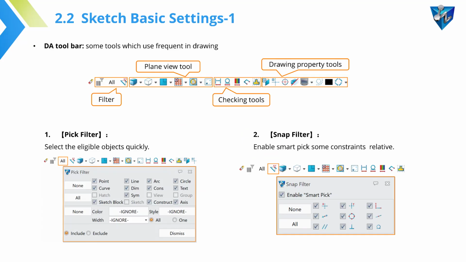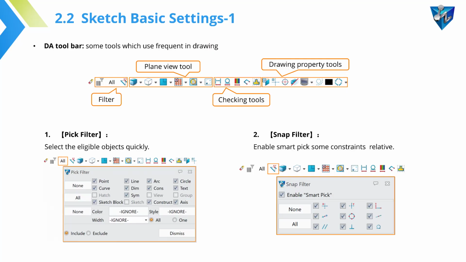Okay, let's move to the sketch basic setting. And first, I will introduce the DA toolbar. As you can see in the last slide, ZW3D has the DA toolbar, which provides some tools which are frequently used in drawings.